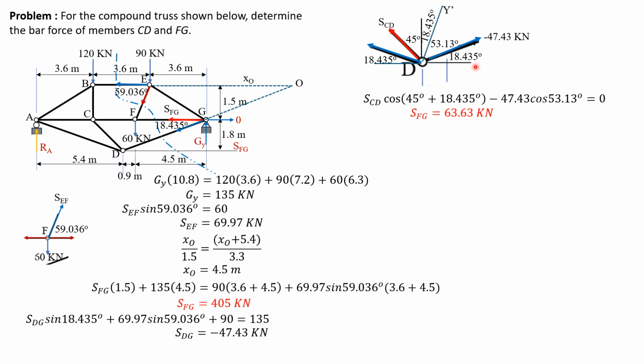Equation 1. Then summation of forces y equals 0: SCD cosine 45 plus SAD sine 18.435 degrees equals positive 47.43 sine of 18.435 degrees. So the two equations will allow you to solve for SCD. So that's it for this video.